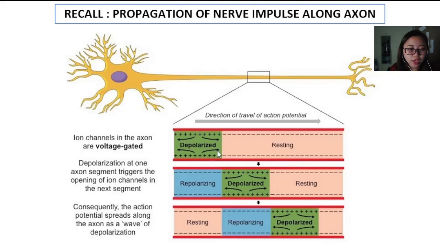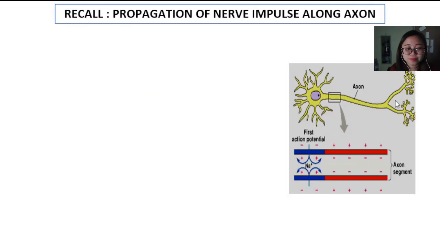Depolarization at one of the axon segments will trigger the opening of ion channels in the next segment, and consequently, the action potential spreads along the axon as a wave of depolarization. So, slide dan ayat-ayat ini adalah untuk mengingatkan kamu bahawa nerve impulse, dia bukan satu sel berlaku serentak, dia adalah segmen demi segmen, sampailah dia sampai di hujung di synaptic terminal.